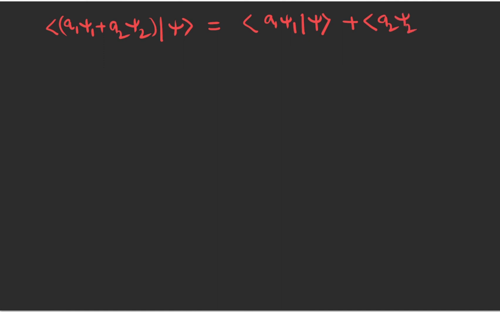Next, bracket a1 psi 1 plus a2 psi 2 with ket psi is equal to bracket a1 psi 1 with ket psi plus bracket a2 psi 2 with ket psi, which is equal to a1 complex conjugate bracket psi 1 psi plus a2 complex conjugate bracket psi 2 psi.